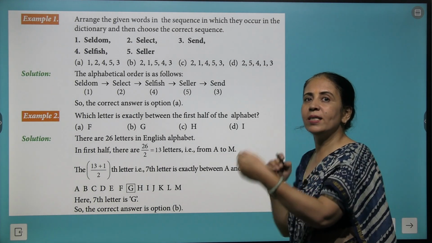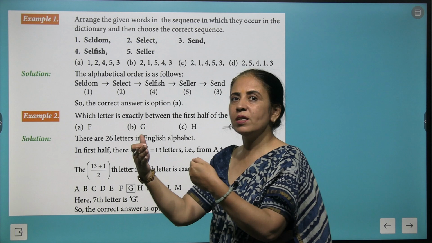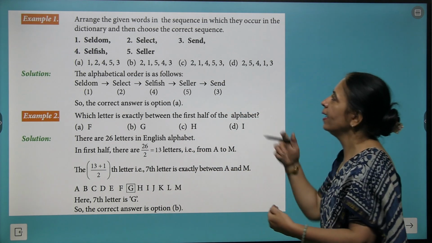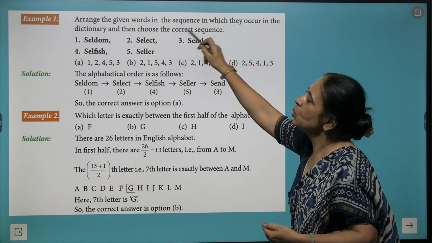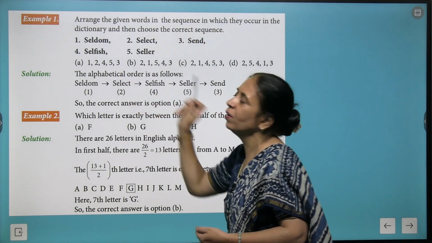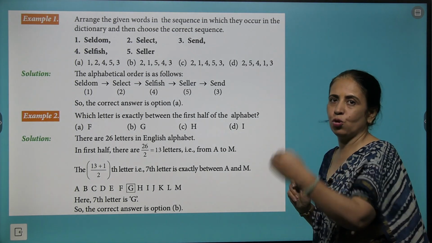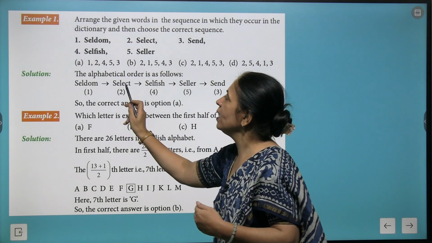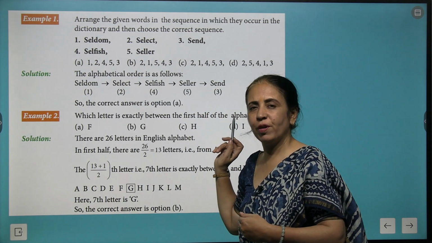That means now let's check whether N comes first or L. Beautiful, L comes first. That means SEND becomes the last word in your series. And after this, the remaining words are to be adjusted based on the alphabetical occurrences. And we start putting them one after another.